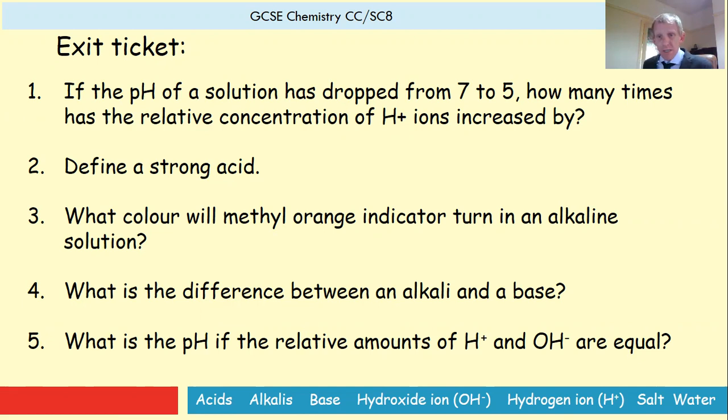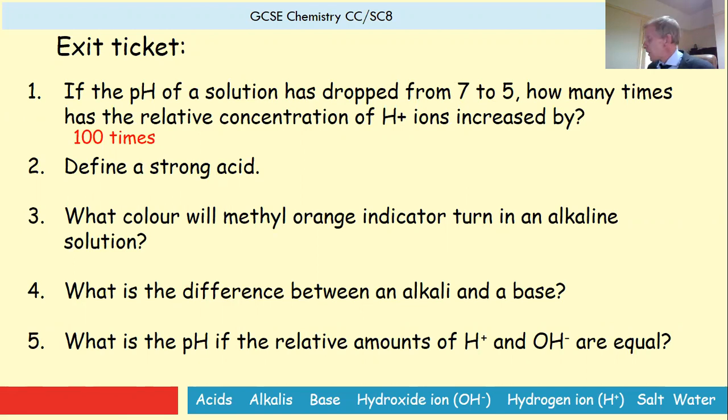Now, remember we said that for every single pH unit that is dropped, that is a factor of 10 times more hydrogen ions. So we can say that it's dropped by 2, that's 10 times 10, that's 100 times more hydrogen ions in that solution.